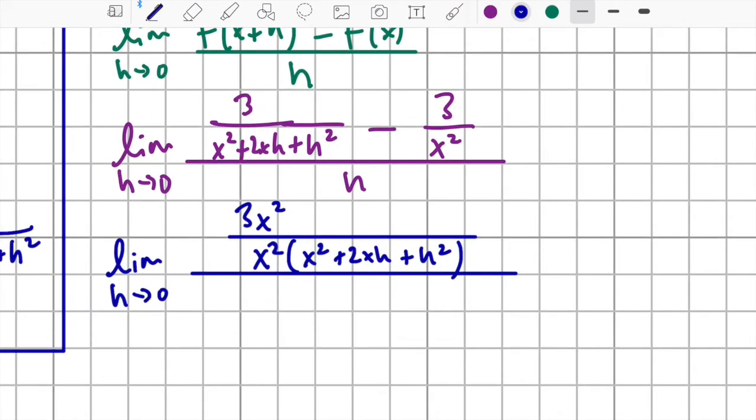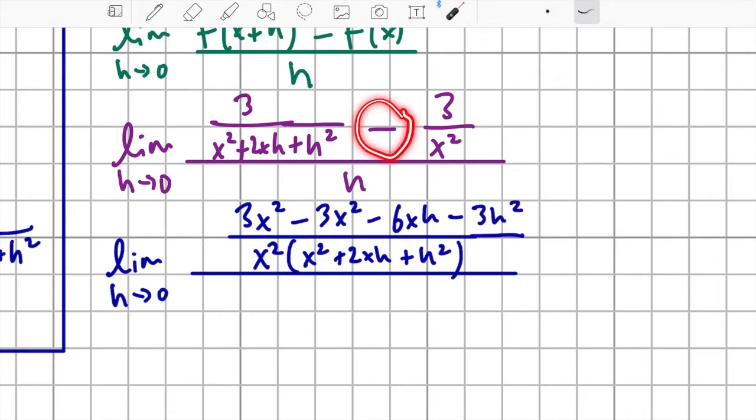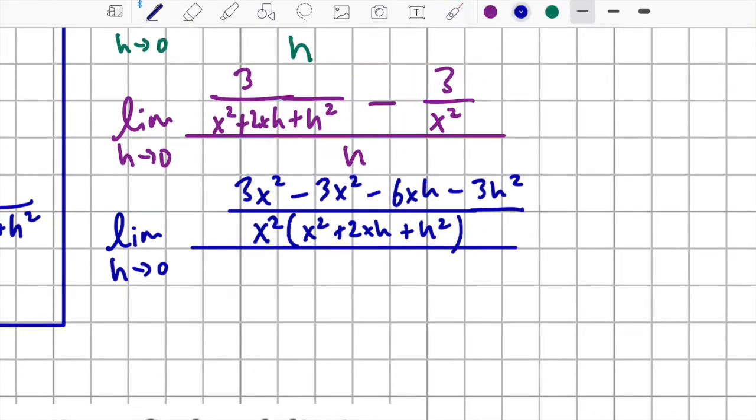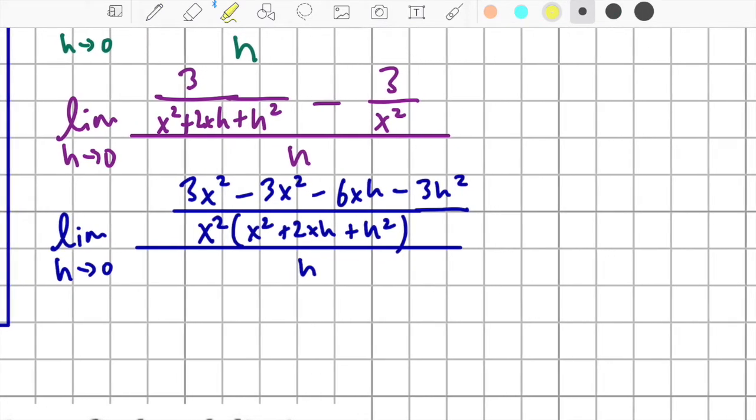So my numerator is going to be 3x squared minus 6xh minus 3h squared. Again, the reason is that there's a negative in front, which belongs to the 3. And finally, in the bottom, we just have h. So now we're going to start simplifying. Notice that I can cancel 3x squared minus 3x squared, and that's it.